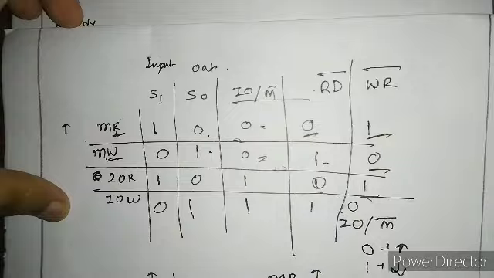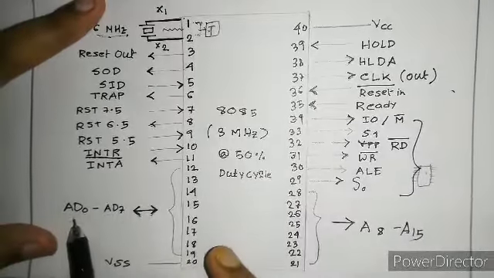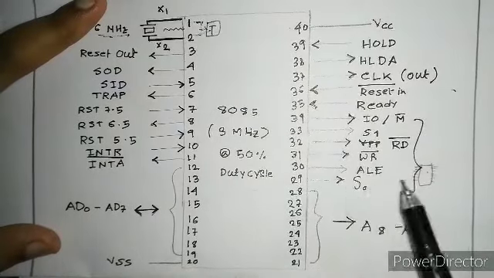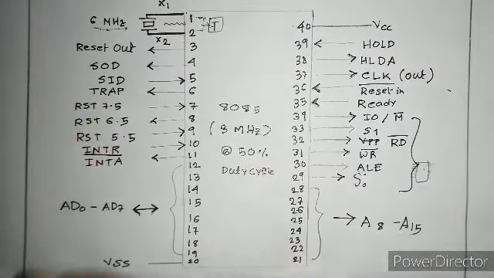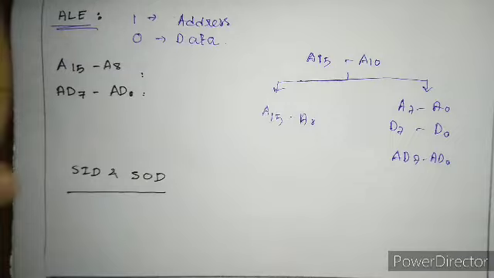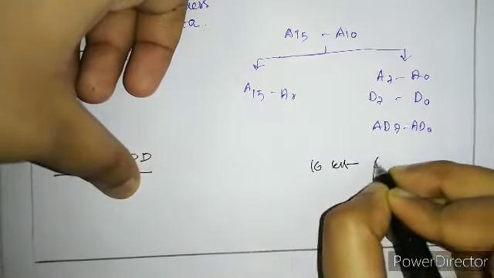Clear? Now, this address bus AD0 to AD7 and A8 to A15 with ALE. See, I'm just bunching these pins so that you can understand it better. First of all, we know that we have a 16-bit address bus.